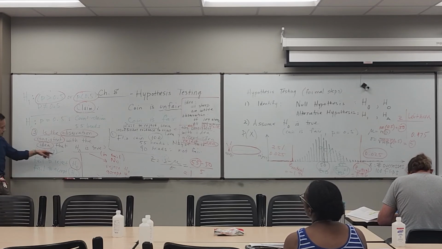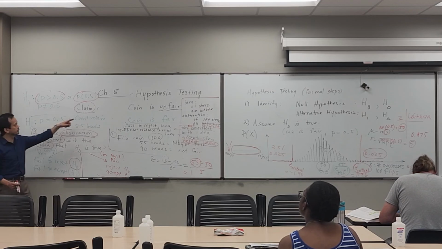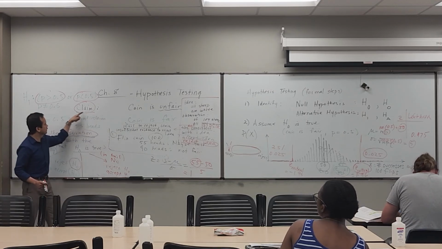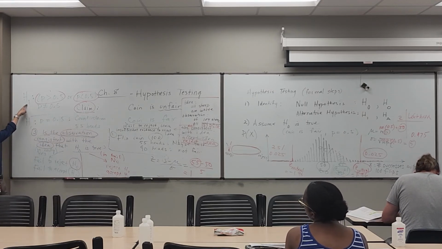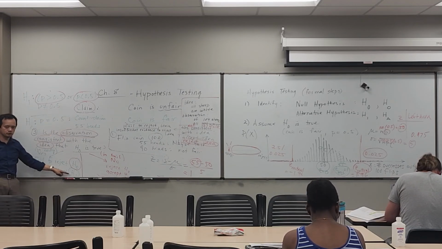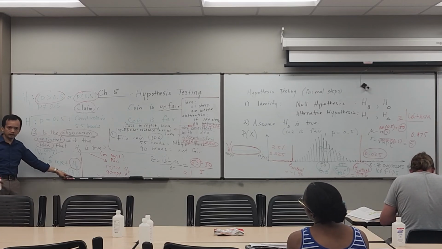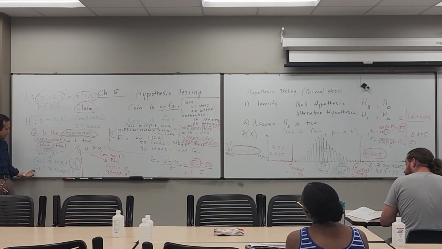And again, once you have these two conclusions, you always want to bring it back to the original claim. And the original claim was that the coin is unfair, and it's associated with H1. So now you go back and you look at what you said about H1, which is fail to accept H1, and because H1 is the claim here, we say fail to accept the claim.